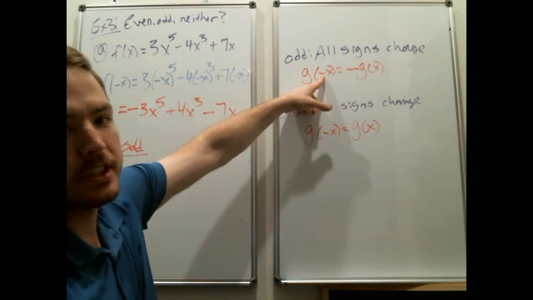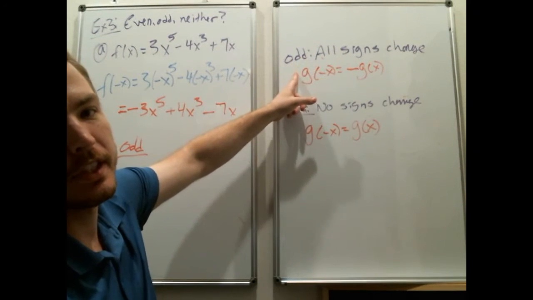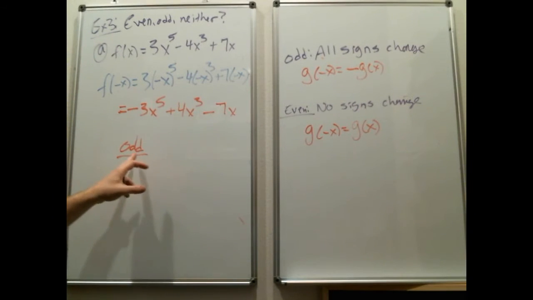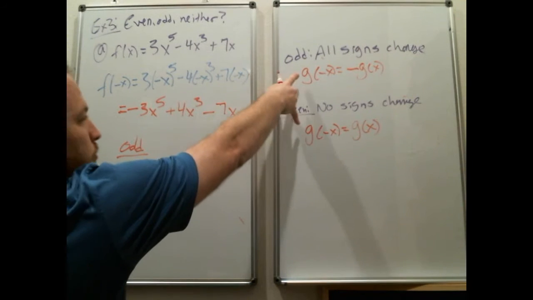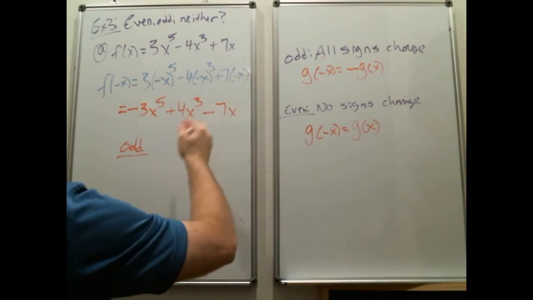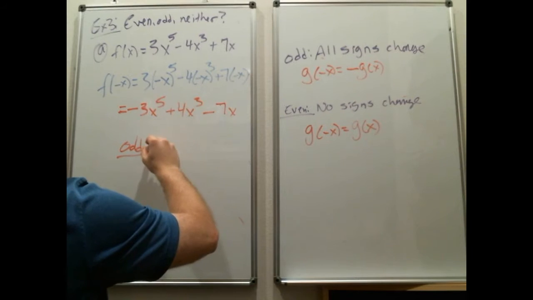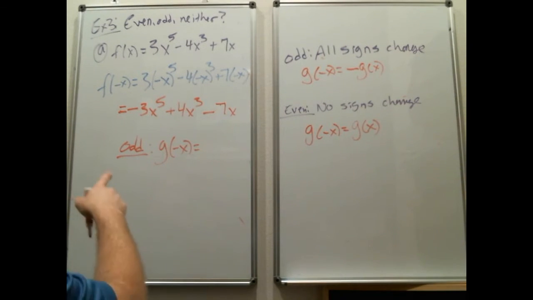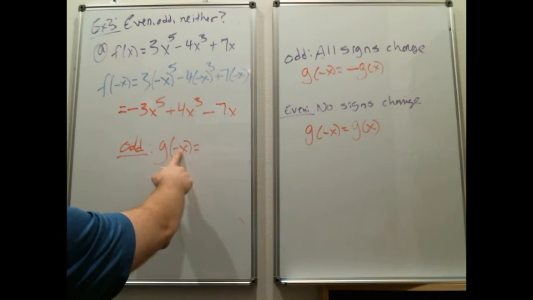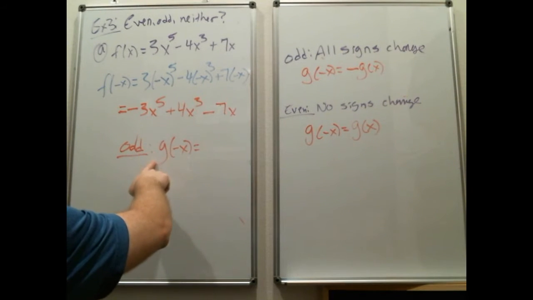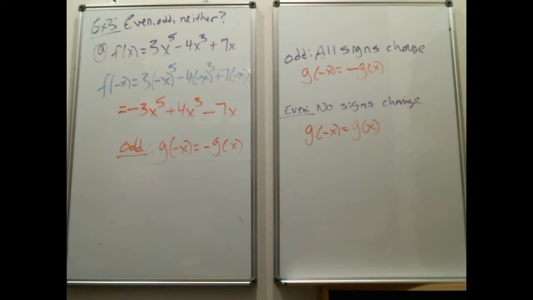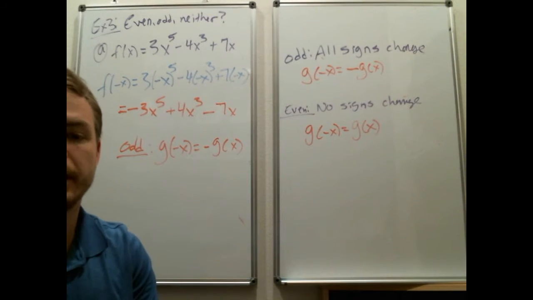If you have an odd function, that negative on the inside moves to the front of that term, which is what you get here. So what they're going to want on the exam is they're going to say odd, and then they're going to give you different choices for these. So you have to know those. Odd because g of negative x, I know it's odd, and I know that if it's odd, that negative just stays in there and moves to the front of that term. Alright. Put that on your flashcard or note card or however you need to do it.